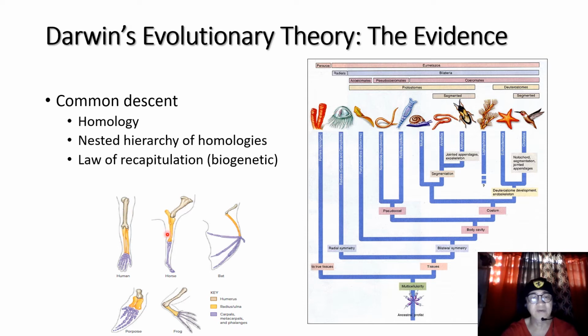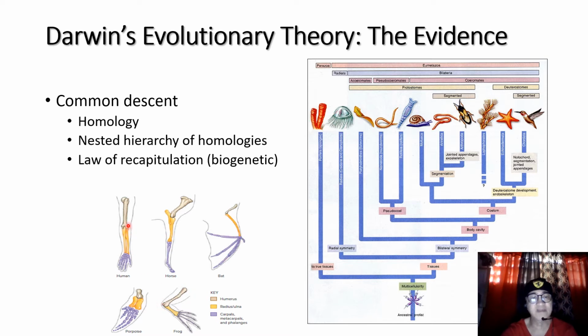This is an example of homology. So you have the bones humerus, radioulna, carpals, and phalanges in the forelimbs of different animals, like that of humans, horse, bat, porpoises, and frogs. As you can see, you have the same pattern of the bones, but the functions that they serve are different.